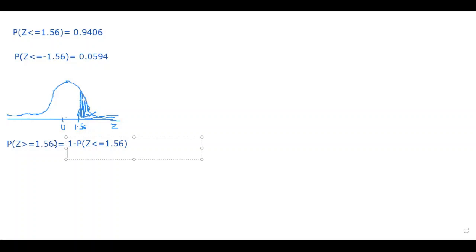So what did we get for positive less than or equal to 1.56? It was 0.9406. And someone should subtract and give me the answer.